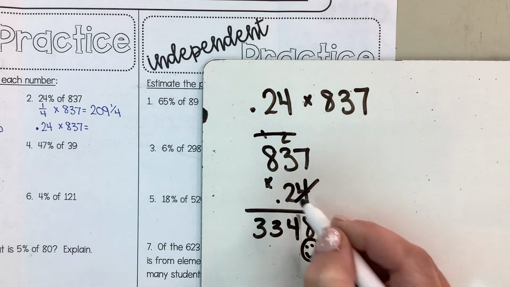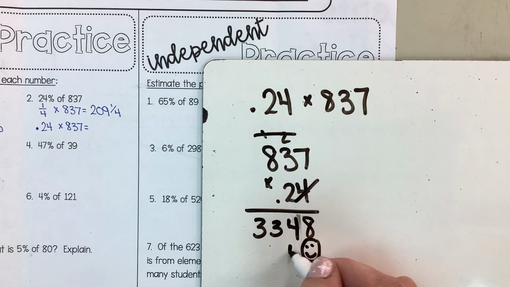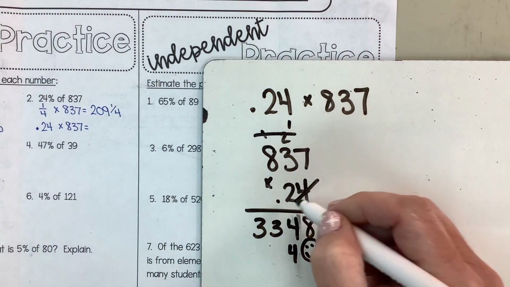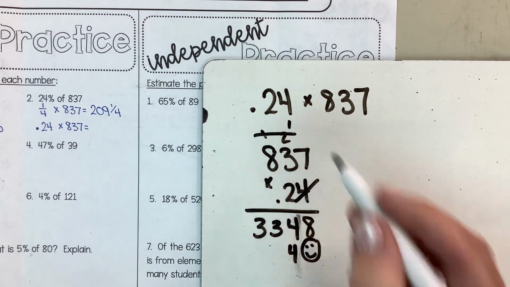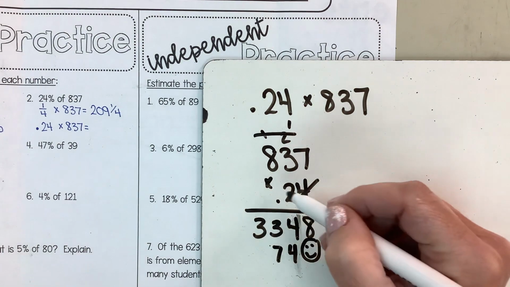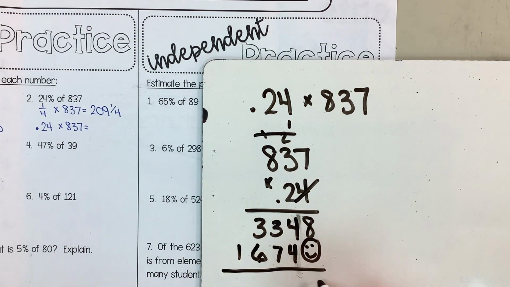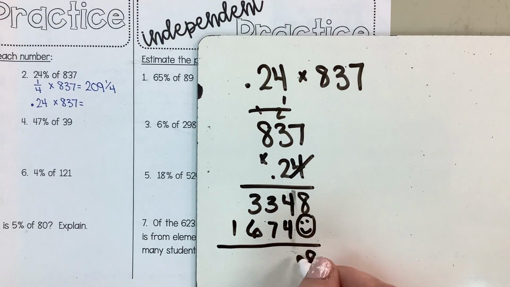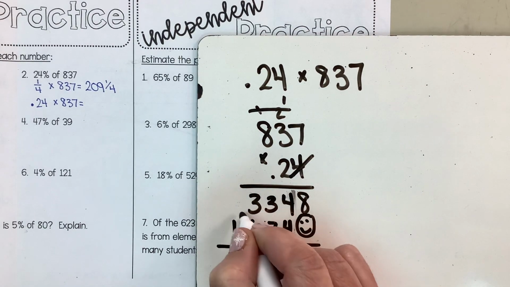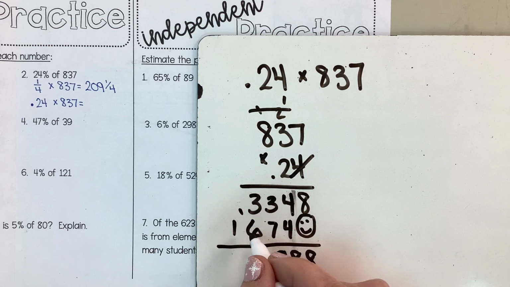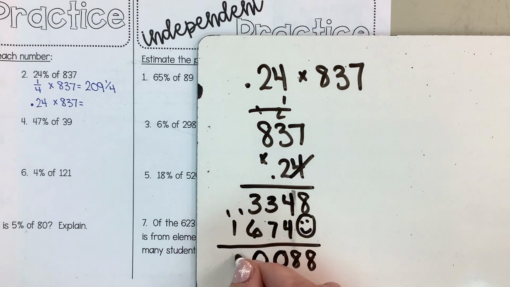We're done with the 4. Face that smiles back. 2 times 7 is 14, carry your 1. 2 times 3 is 6, plus 1 is 7. And 2 times 8 is 16. We add that together and we get 8, 8, 10. 3 plus 6 is 9 plus 1. That's another 10. And 1 plus 1 is 2.